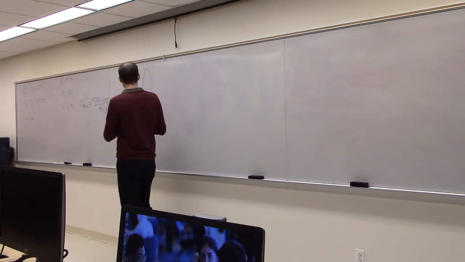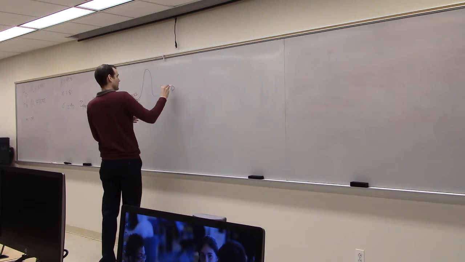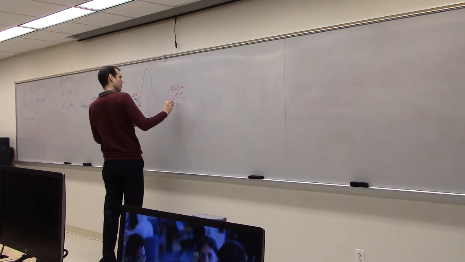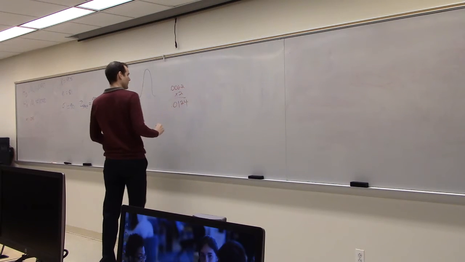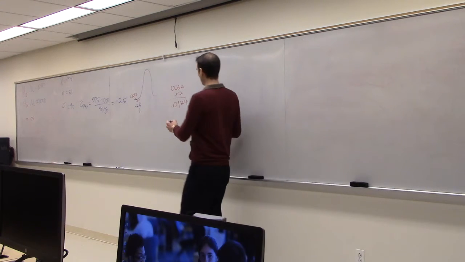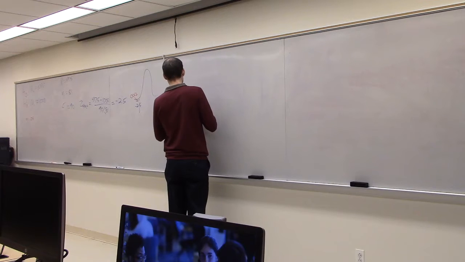So our p-value is going to be 0.0062 times 2 equals 0.0124. Okay, so 1.25%. So our p-value is 0.0124.